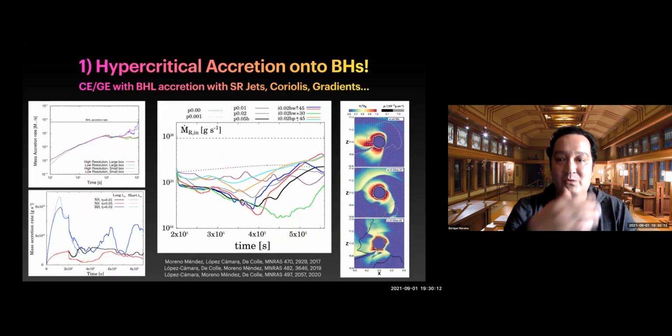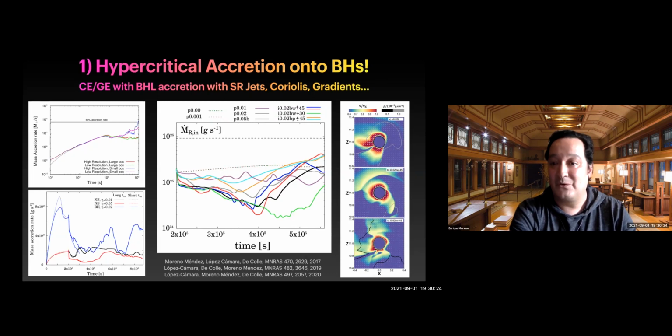We have been doing experiments in wind tunnels with the Mezcal code by Fabio De Colle, and we indeed find these accretion rates. These are actually for smaller objects. So the first plot on the left, you see the mass accretion rate in solar masses per second. This was in our first paper.